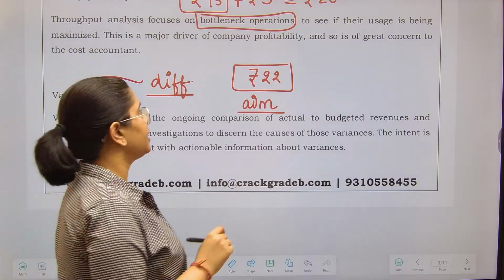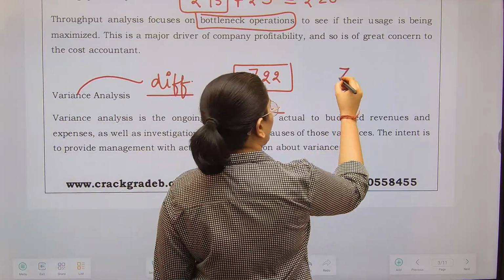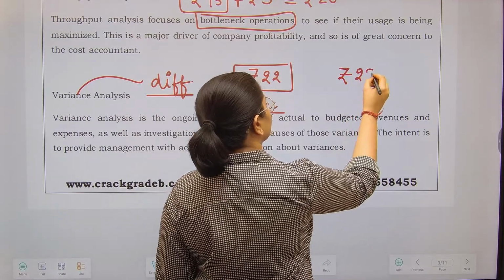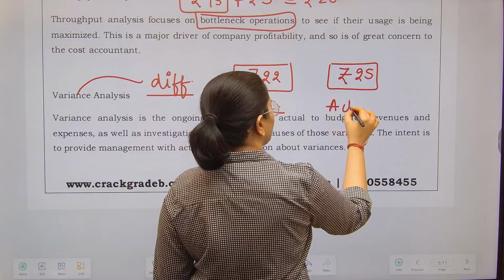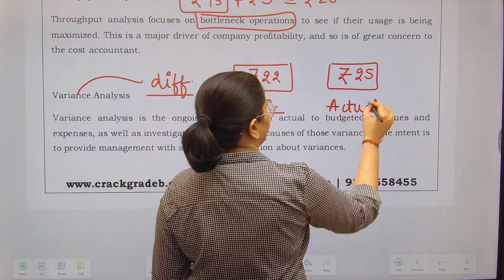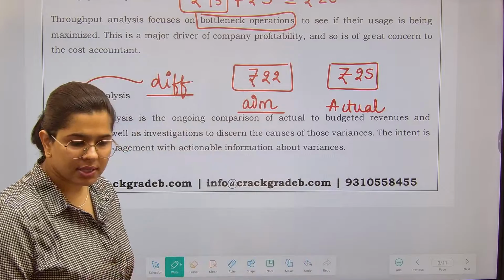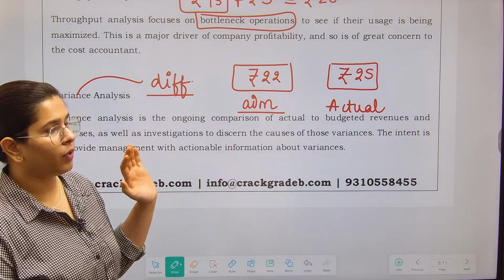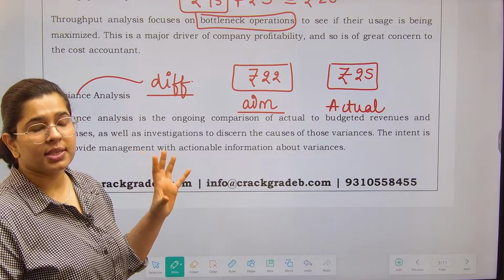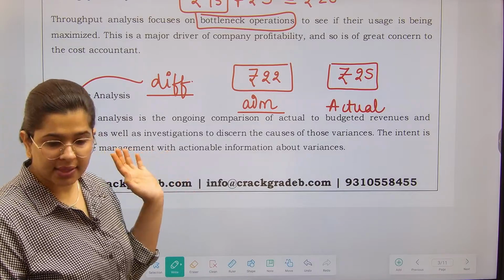But actually it is coming to 25 rupees. This is the actual. So why has there been a difference? What are the causes for it? How has this difference arisen? This is what we do under variance analysis.